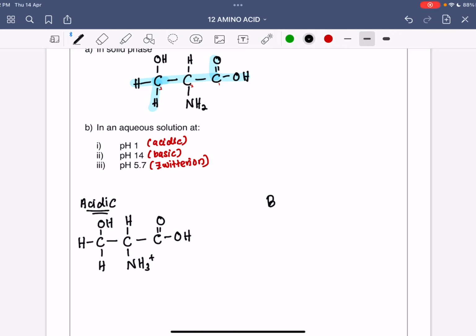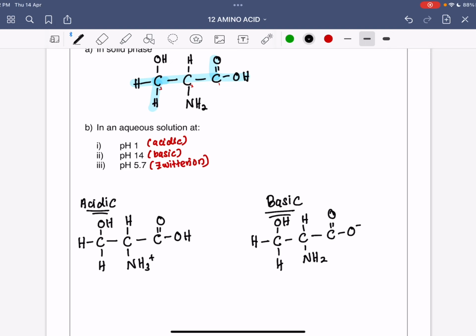In basic, the carboxyl part will react with the OH. So we are going to get HCOH, H, C double bond O, O minus.